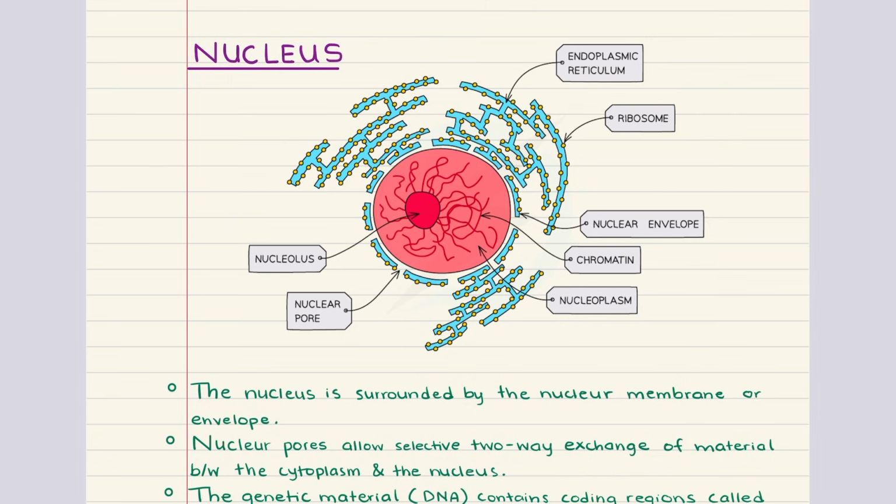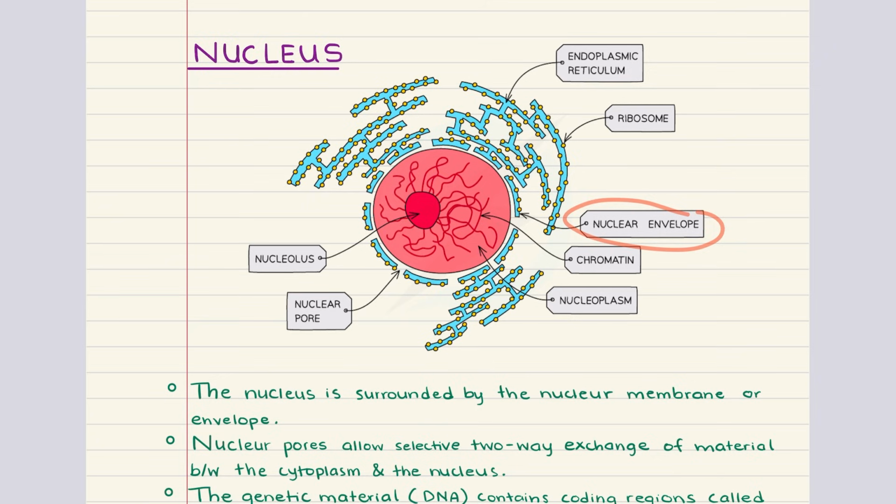The nucleus is enclosed by a double membrane structure known as the nuclear envelope, also called the nuclear membrane. This envelope separates the nuclear contents from the cytoplasm, and it helps maintain the internal environment of the nucleus.